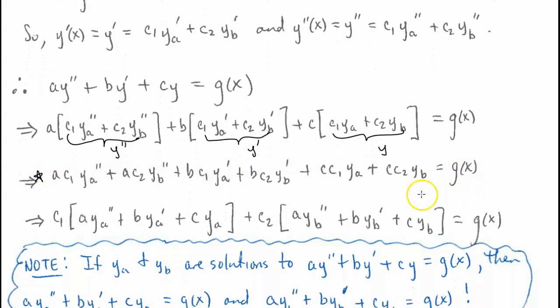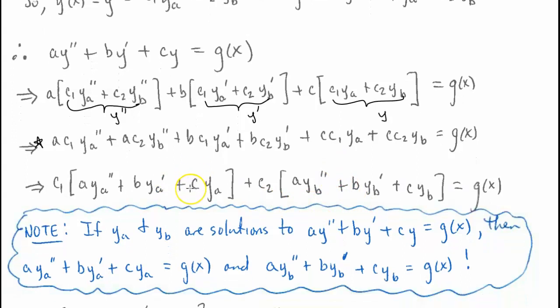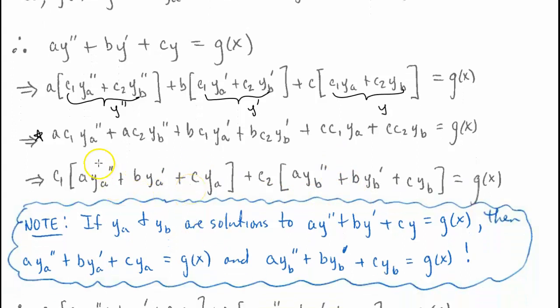So in this step, we write that all in. And then in the next step, we rearrange a bit. And if you notice, I've taken all terms that have C1 in them and grouped them together, and all terms with C2 and grouped them together. Now, notice that in each of my groupings, I see something familiar.